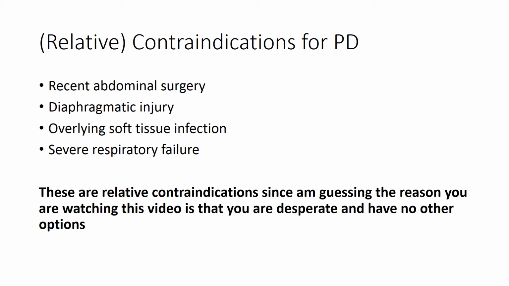So given that we operate in these kinds of desperate conditions, again, I say these are relative contraindications. Severe respiratory failure, if you're lucky enough to have access to a ventilator, then you ventilate and then provide your peritoneal dialysis. You can try and reduce the fill volume to make sure that you don't splint the diaphragm. But essentially, use what you have where you are.